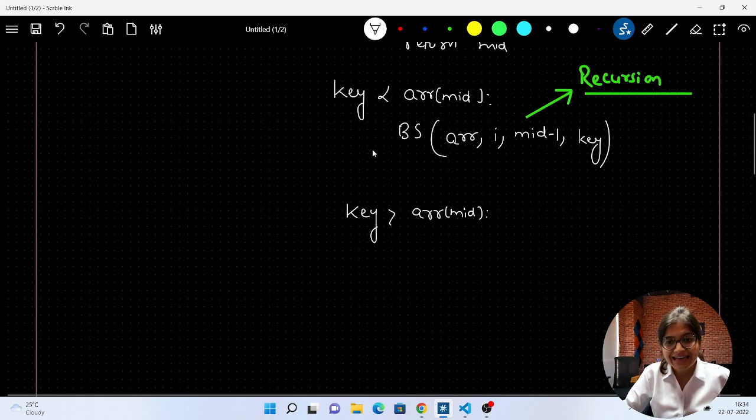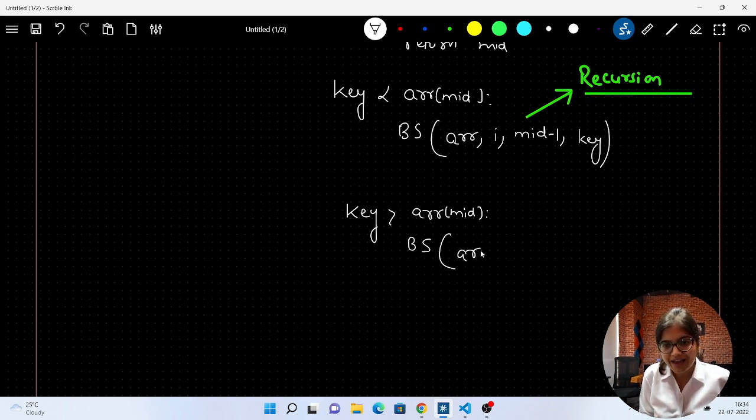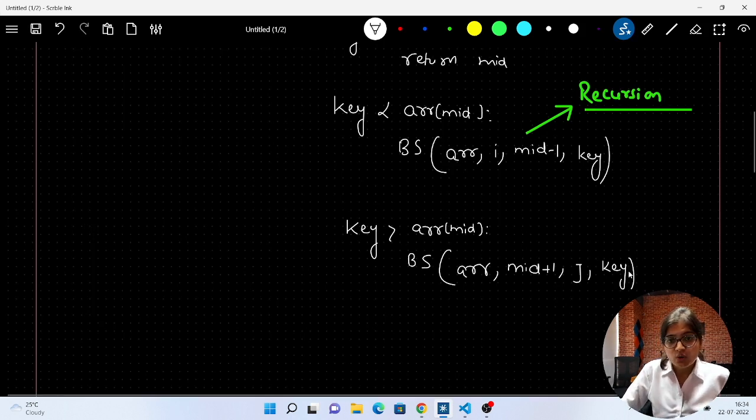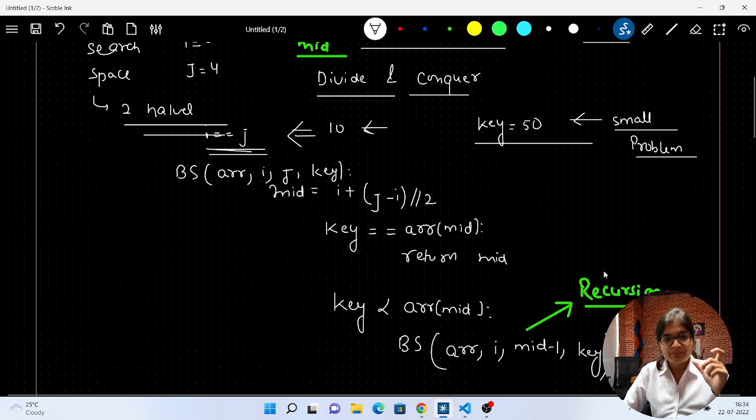So again I do a recursive call, but now towards the right side. I call the same function again, but now starting from mid plus 1 instead of i, going until j, and the key value remains the same.